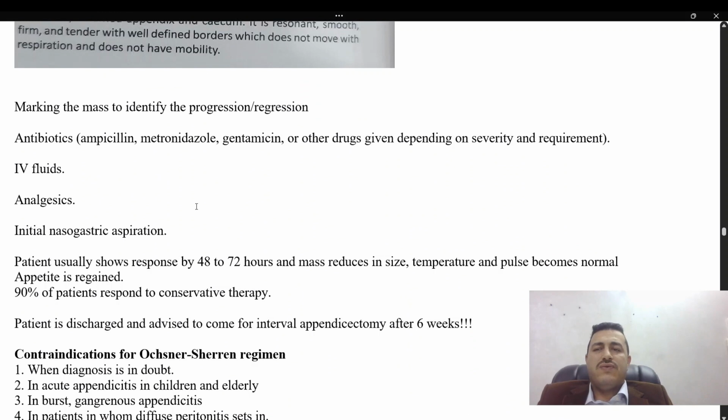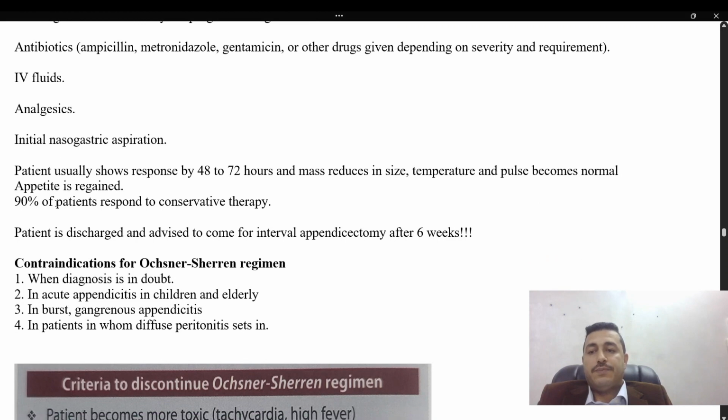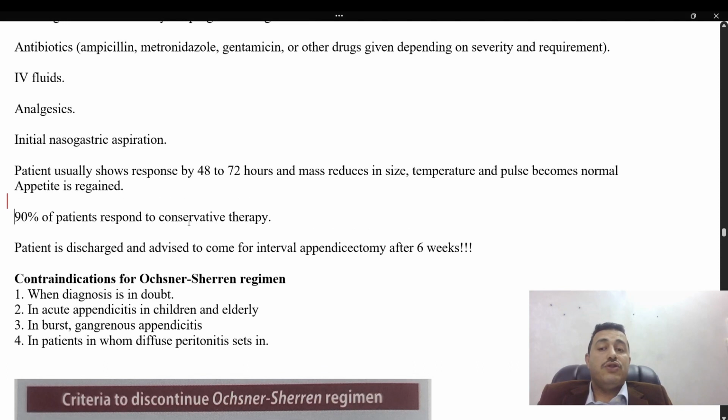Okay, what is the conservative treatment? It can be antibiotics, IV fluid, analgesia, NG tube, gastric acid suppression, percutaneous drainage, whatever. These are called conservative management. 90% of patients will respond to the conservative management.